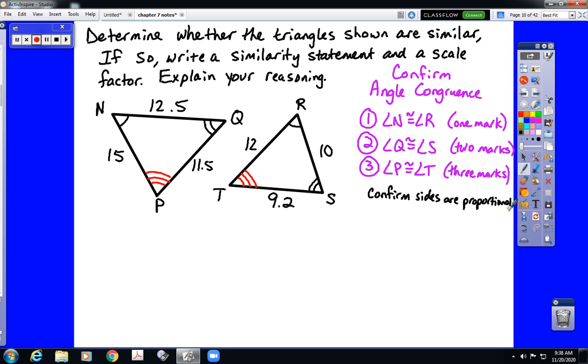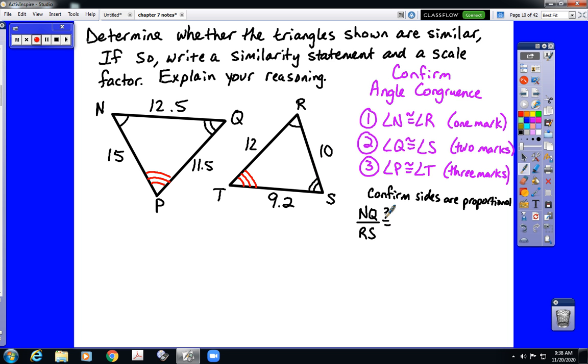Okay, so first we ask ourselves, how do things line up? Well, NQ has to compare to RS because those are the sides between the 1 and 2 marks, right? See how this has 1 and 2 at the endpoints? So the 12.5 has to compare to the 10.